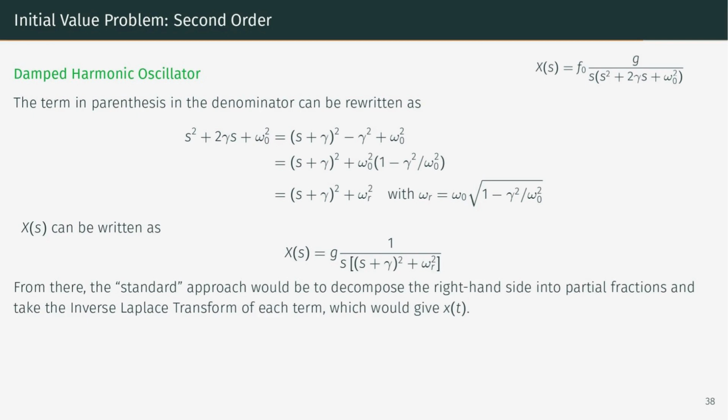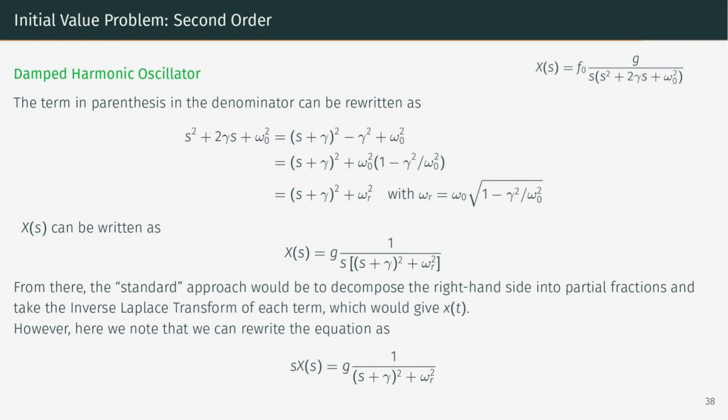We can then rewrite x of s as x of s equals g times 1 over s times s plus gamma squared plus omega r squared. From there, the standard approach would be to decompose the right-hand side into partial fractions and to take the inverse Laplace transform of each term, which would give you x of t.